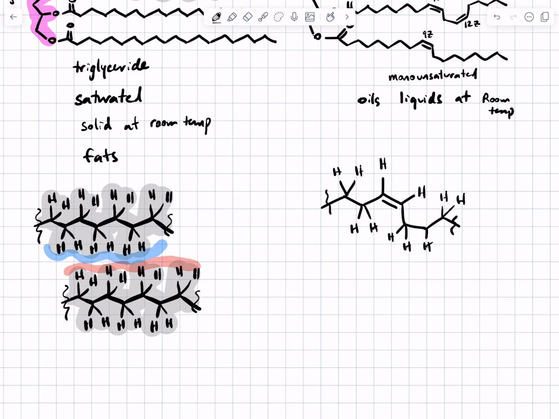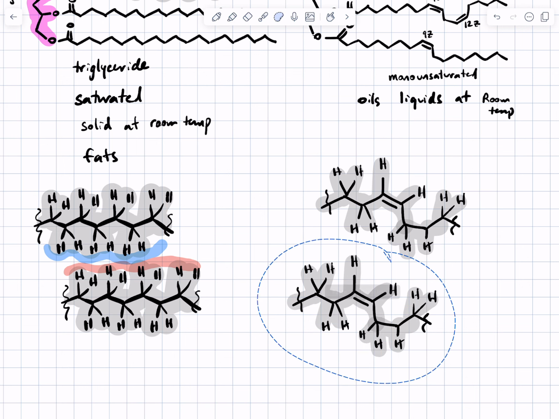Okay, there's one of them, and I'll use gray for the nonpolar surface area. The kink in that chain makes it so that the two molecules can't really approach each other as closely.